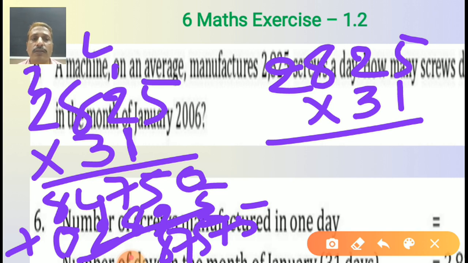Is it? No. 8,700. Whatever the numbers are there, student. Shall I make any mistake here? Can you help me how to solve this one? No, correct student. It is 7,575.